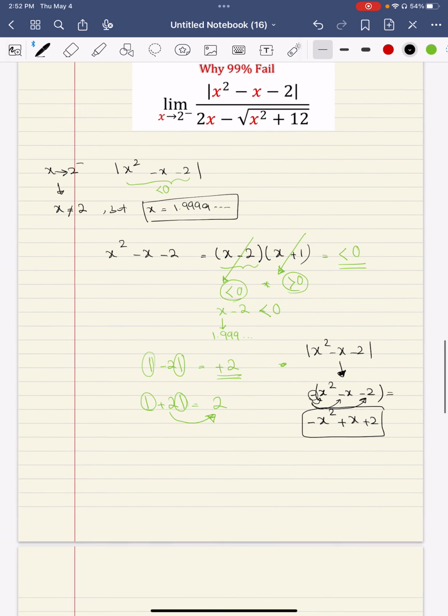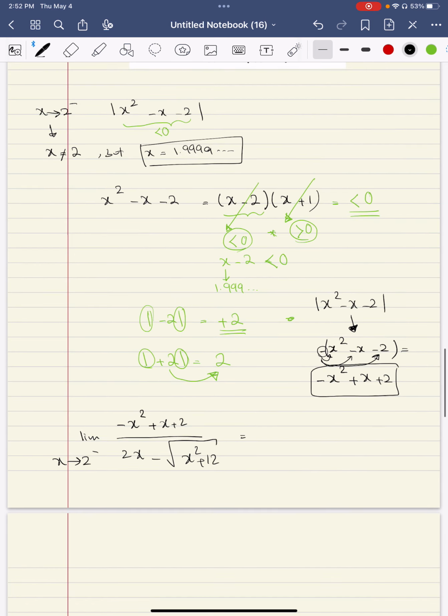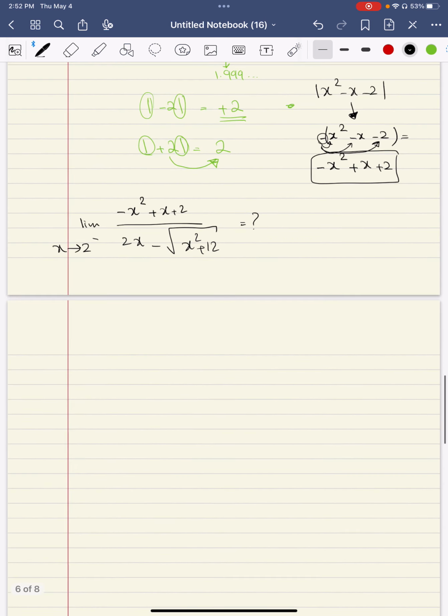So let's write down the question once again. We have the limit of negative x to the power of 2 plus x plus 2 over 2x minus root of x to the power of 2 plus 12, as x approaches 2 from the left-hand side. Again, the first thing for limits is replacement.